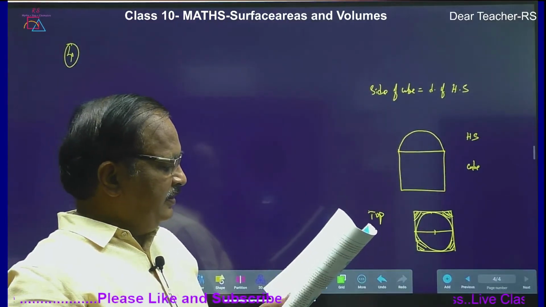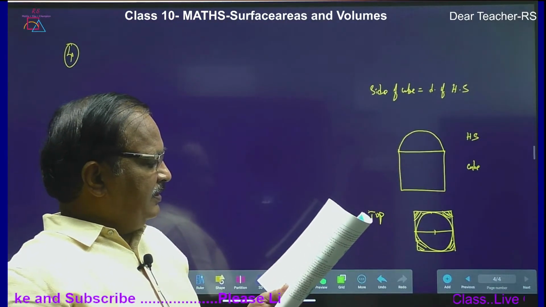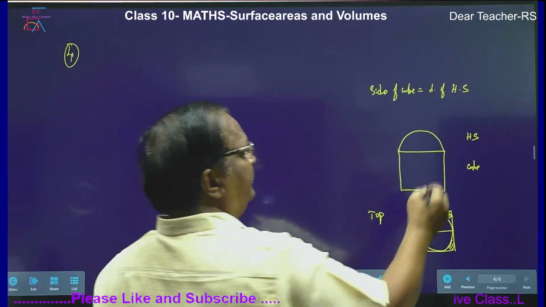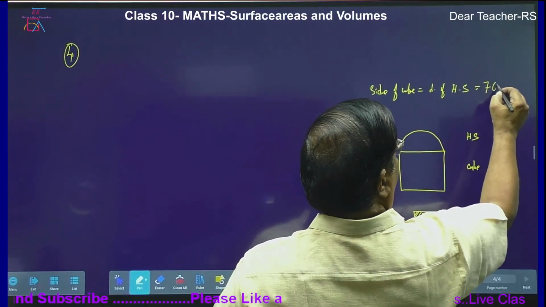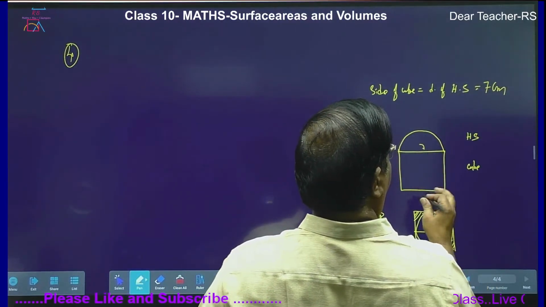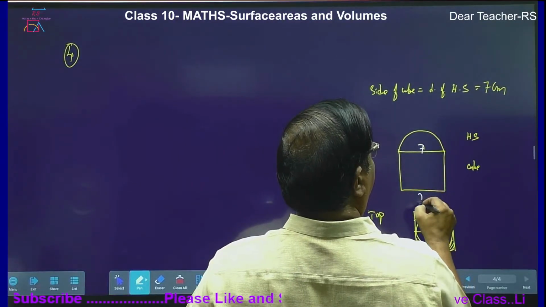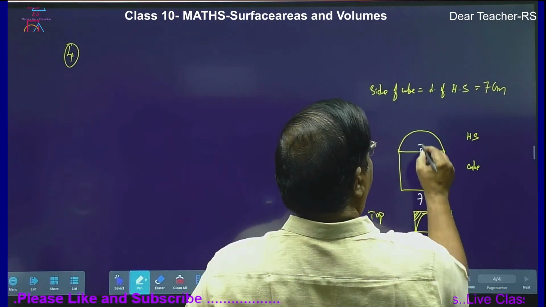Okay, so then side is 7 centimeters, which is equal to 7 centimeters. 7, 7, so then radius.